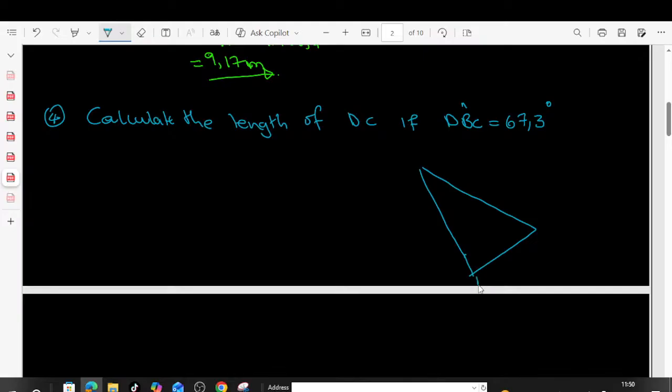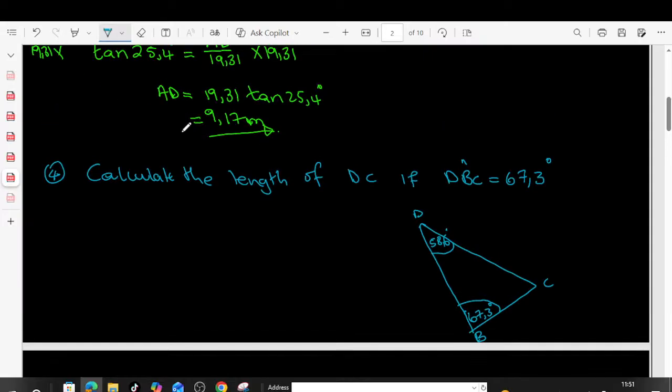This is my B, and I have this as DC. It is given that this angle here is 67.3. Remember, angle D was given as 58.6 degrees.